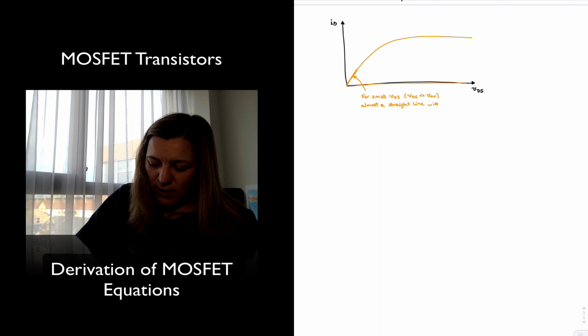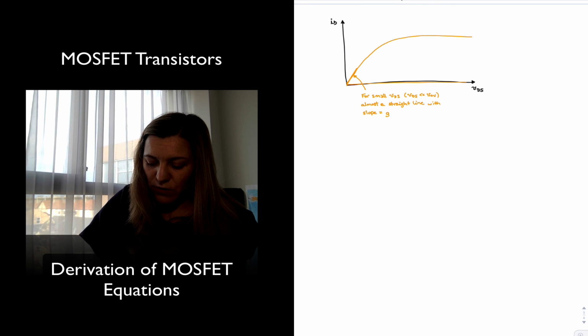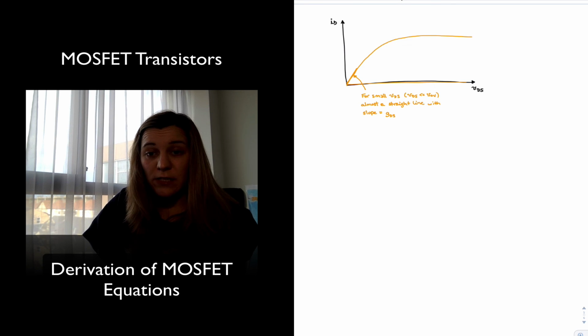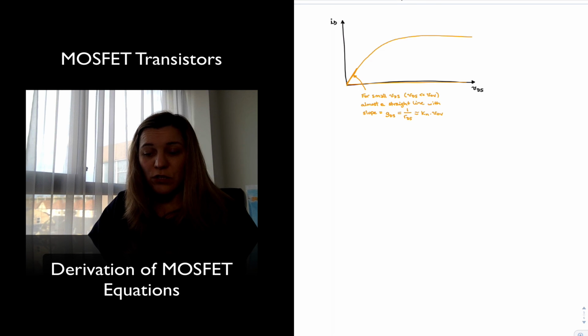And the slope of that line is 1 over the resistance, which we refer to as GDS, the conductance, which is 1 over RDS, the drain to source resistance. And if we go to the equation for the triode region, we can see that this is approximately equal to Kn times the overdrive voltage. That will be the value of the conductance in that region.